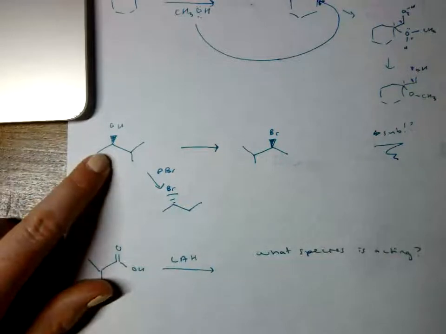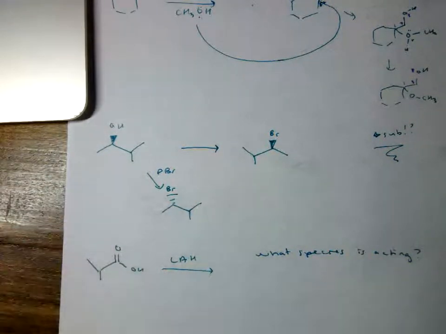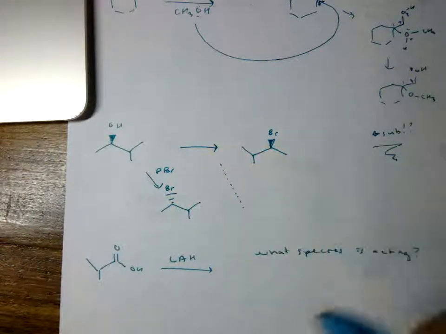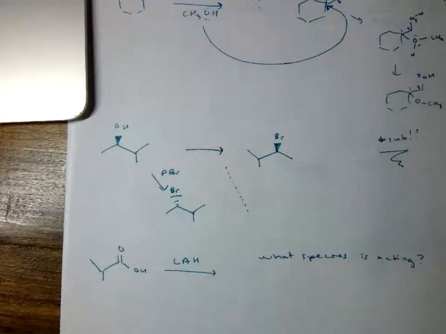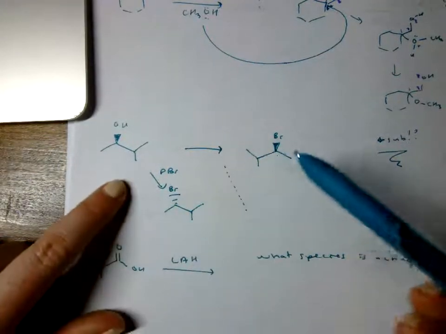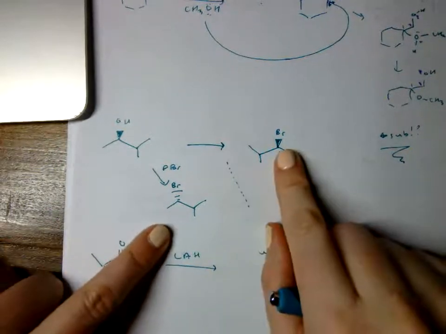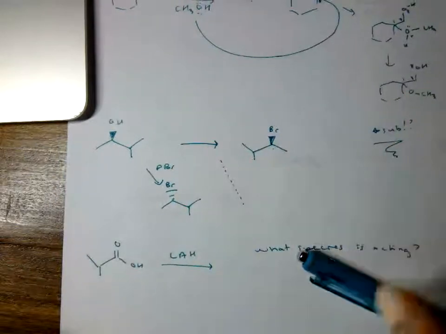That means it has inversion of stereochemistry, so it would look like this. Hopefully you recognize that this is actually the same molecule as this flipped over. So this is kind of a tricky question. When I first saw this, I was like, wait, that's not the right answer because it needs inversion of stereochemistry. And then I realized it did have inversion of stereochemistry. We had just flipped the molecule over.